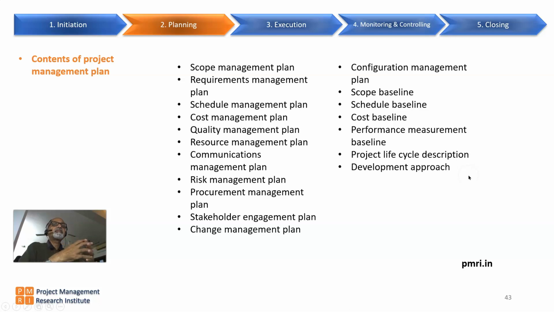So all these things get into the project plan. This is again a sample based on the needs of your project. You can tailor it or enhance it, whatever. So if you really see, the schedule management plan is only one part of the total scheme of things.